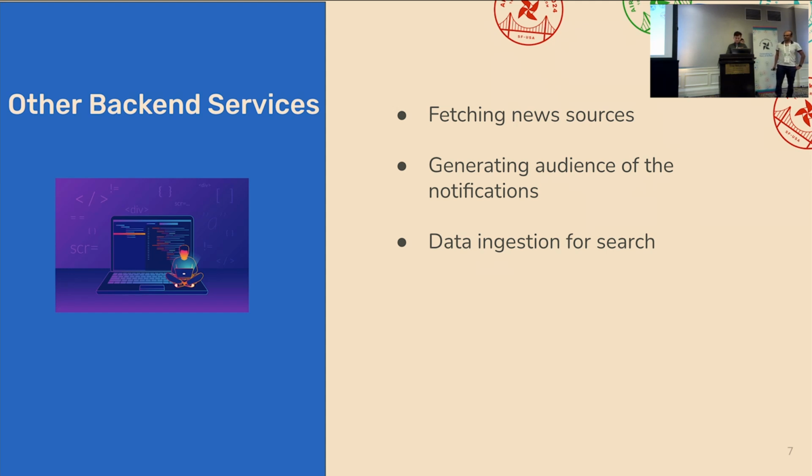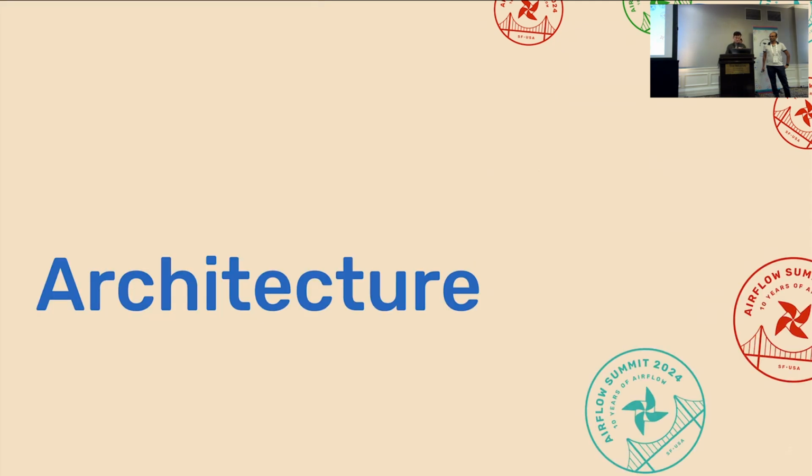We also use it for data ingestion for our internal search engine, which uses AWS Elasticsearch. So to maintain so many use cases, we need to maintain a good architecture. Let me hand over to Paula.